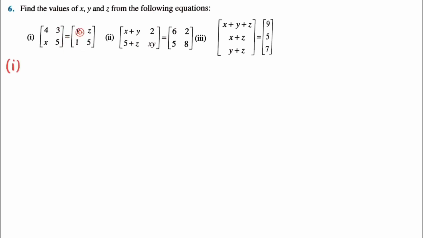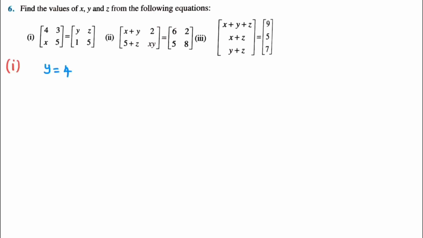When we say 2 matrices are equal, the corresponding elements are equal. See, first row first element in this matrix and first row first element in this matrix are both equal. So I can write here, y equal to 4.